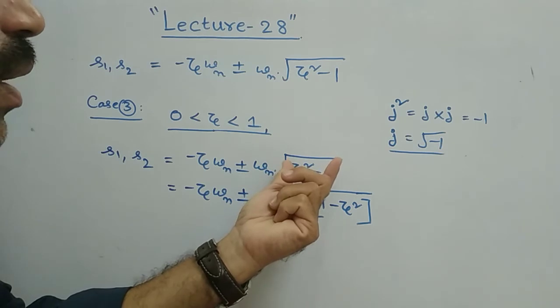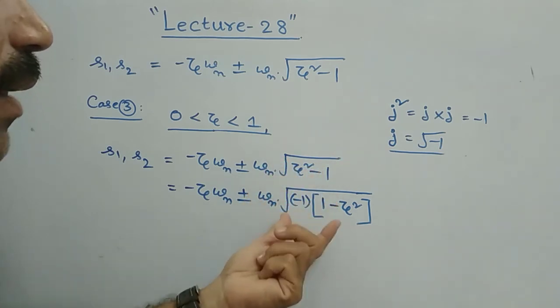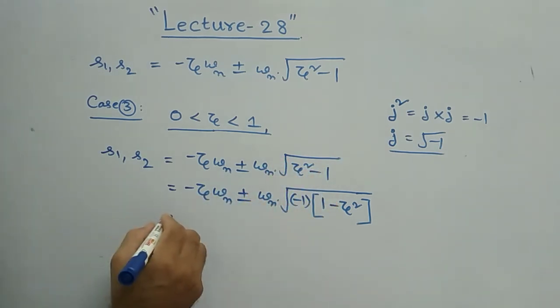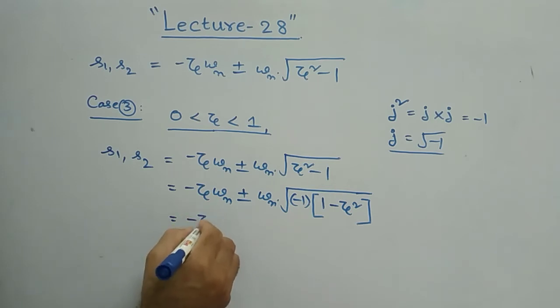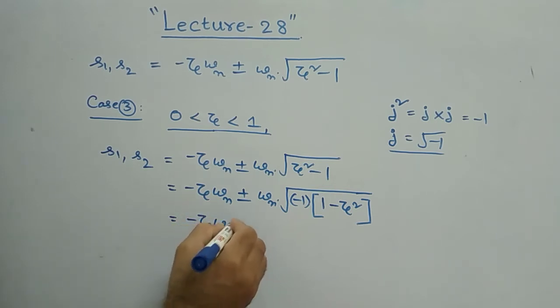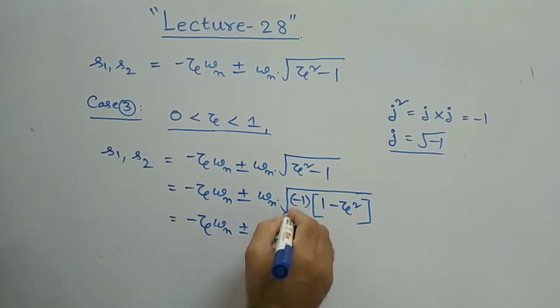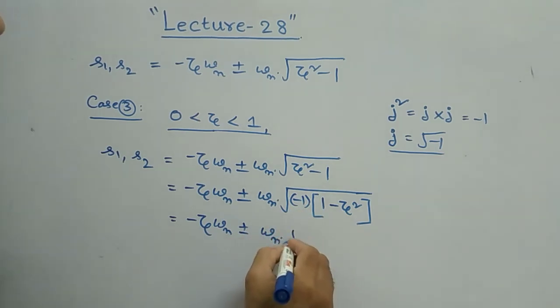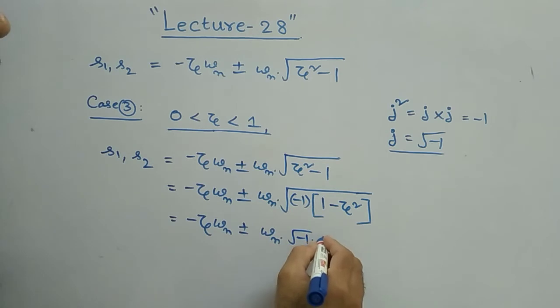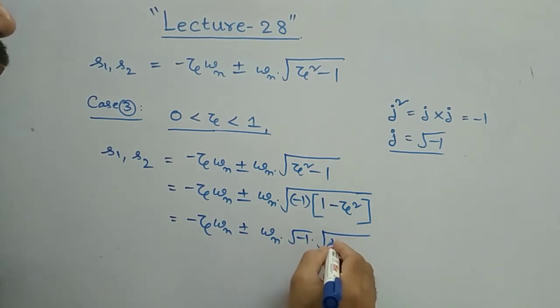Therefore you can do a small adjustment like this, and from here I can write minus zeta omega n plus or minus omega n, which can be written as root of minus 1 and then root of 1 minus zeta square.